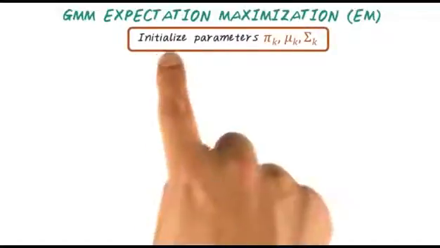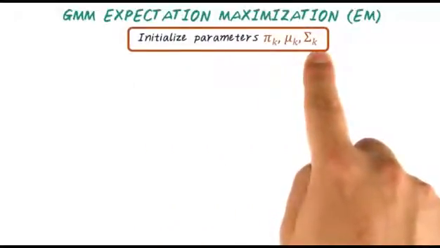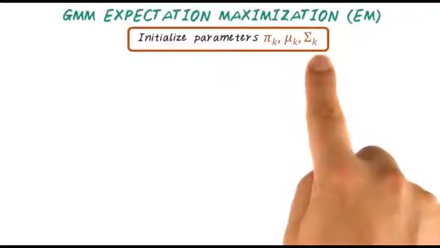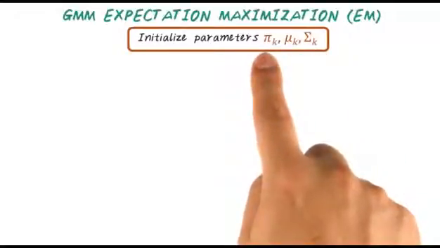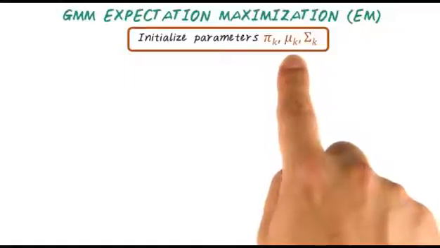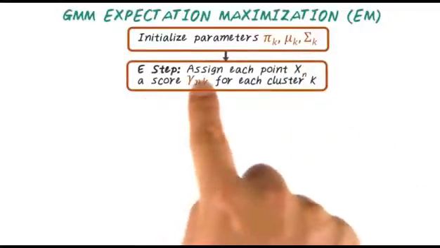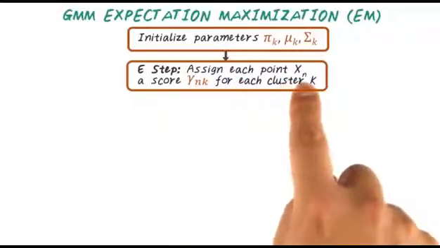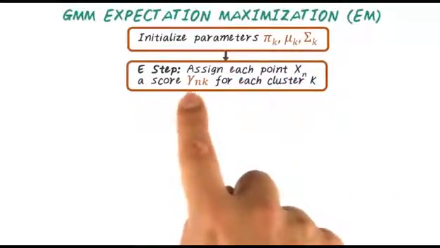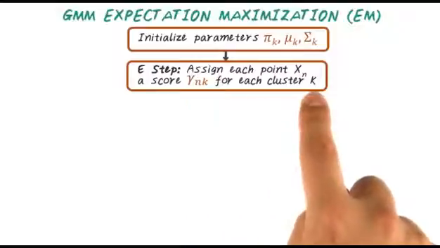Next, let's see how EM algorithm works for a Gaussian mixture model. We first initialize all the parameters for Gaussian mixture model, including mixing coefficient pi k, the center mu k, and variance sigma k. Then in the E step, we assign each data point xn a score gamma nk for each cluster k.